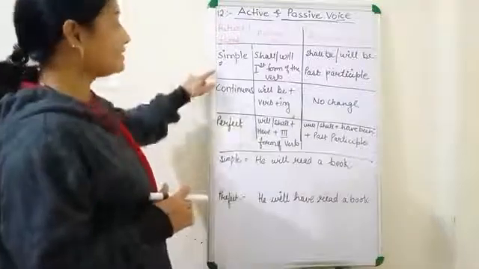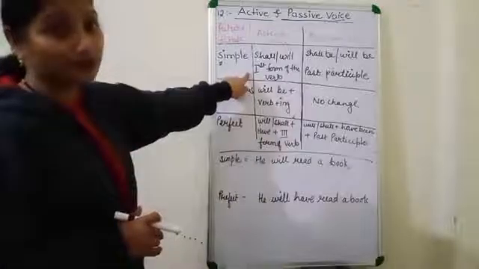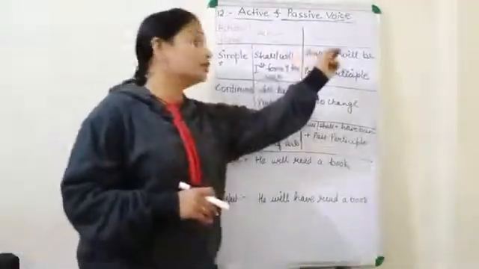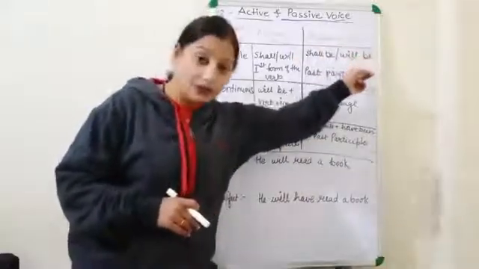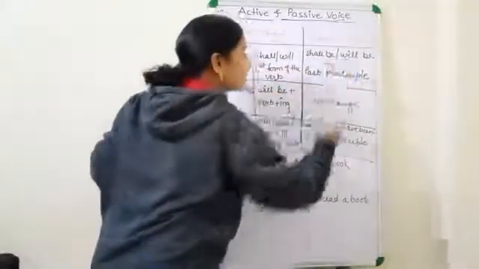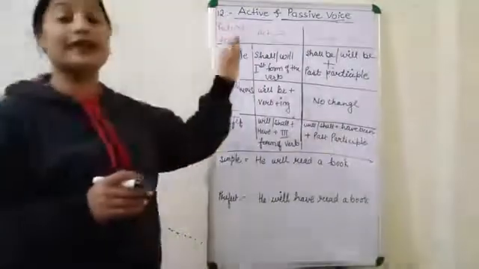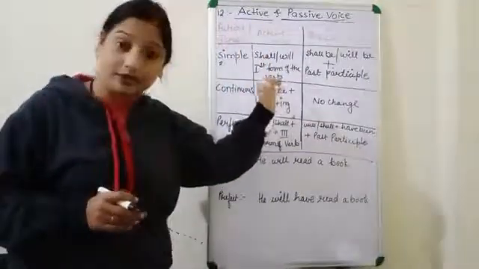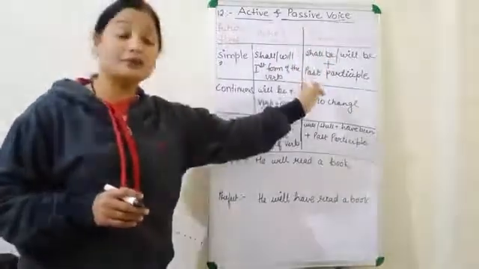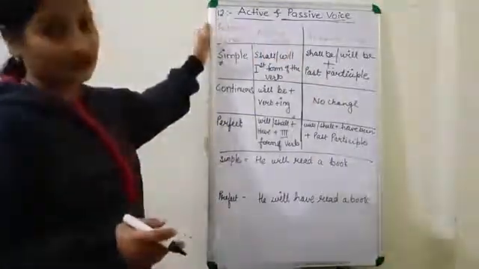So if the sentence has shall or will and the first form of the verb, then in passive voice it will be changed into shall be and will be plus past participle, that is the third form of the verb. So this is the rule. That is, shall and will plus first form of the verb is your simple future tense, and shall be and will be plus past participle is the passive voice of the simple future tense.